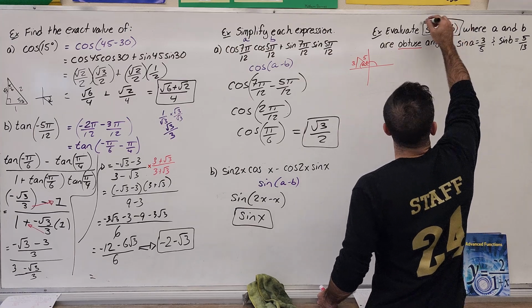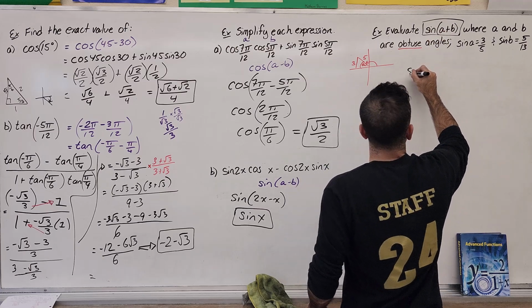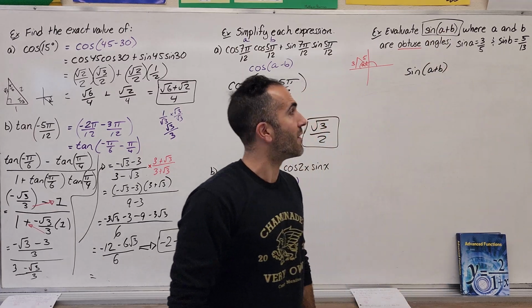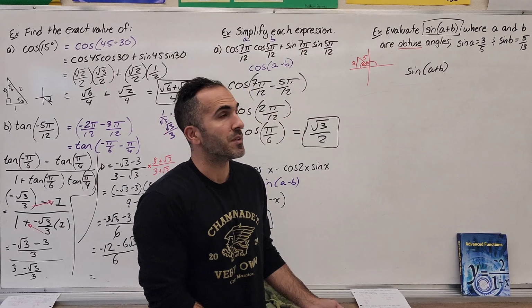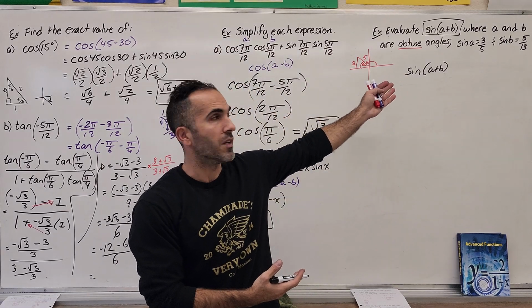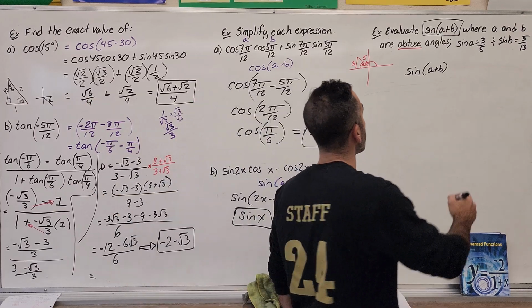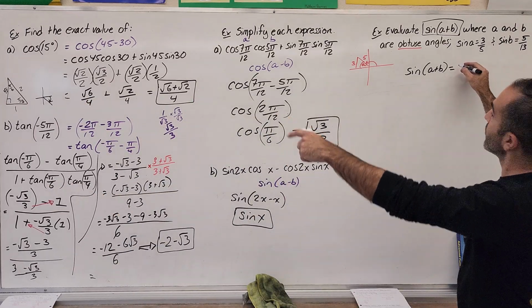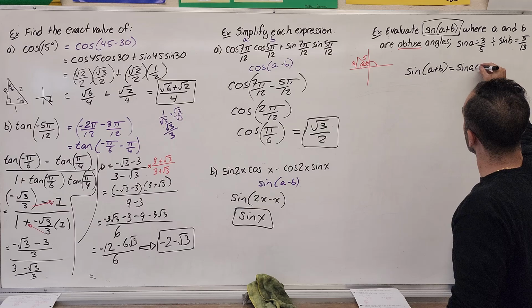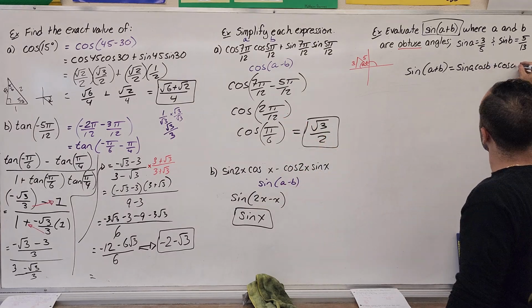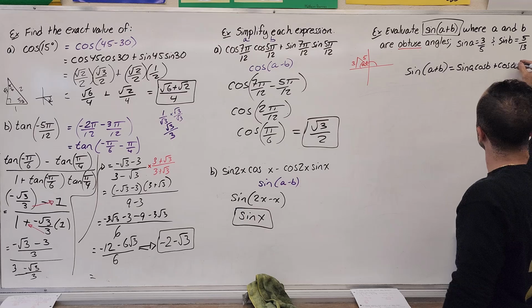Evaluate sine of A plus B. I need to find what sine of A plus B is. I don't know what sine of A plus B is because I only have sine ratios of A and B. I'm going to look at my compound angle formula for sine of A plus B. I'm going to replace this with sine A cos B plus cos A sine B.